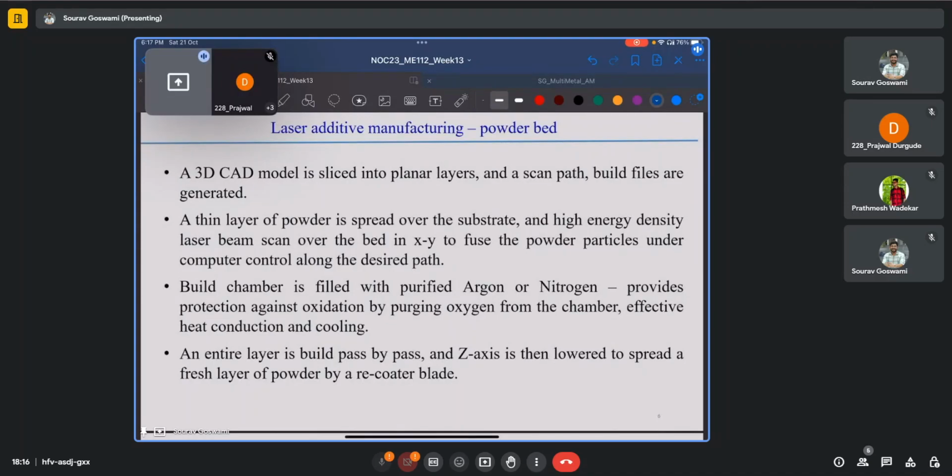In the powder bed based method specifically, such as laser powder bed fusion or, say, binder jetting, the 3D CAD model is sliced into planar layers and the scan path or the tool path is generated. Now, a very thin layer of the powder is spread over the substrate. We discussed how the powder can be made available either via a top feeding or a bottom feeding system. And by relative motion of the substrate and the top layer, a cavity is generated.